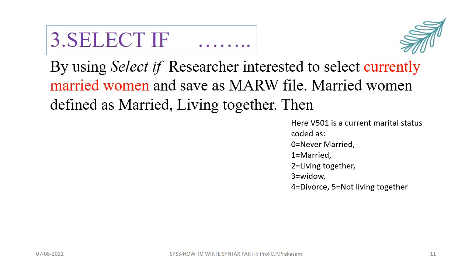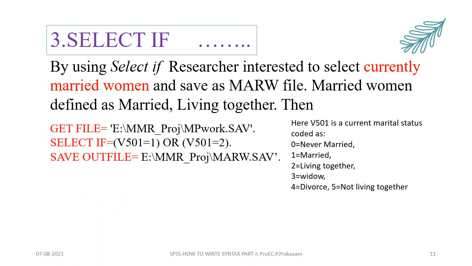In that case, again we will write GET FILE, SELECT IF V501 equals to 1 or V501 equals to 2. Like that we can have the OR and other things. But here we require both together. Therefore, we will write OR here and then put a dot. SAVE OUTFILE equals to, again save in a proper folder, marw1 or whatever you require .sav.